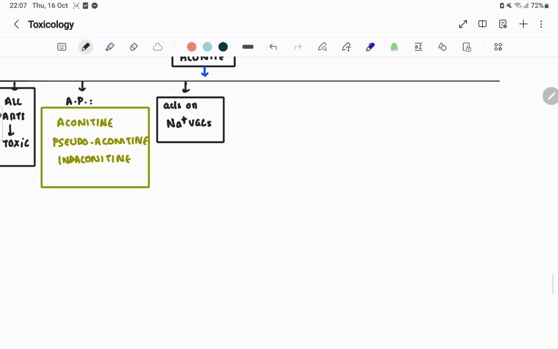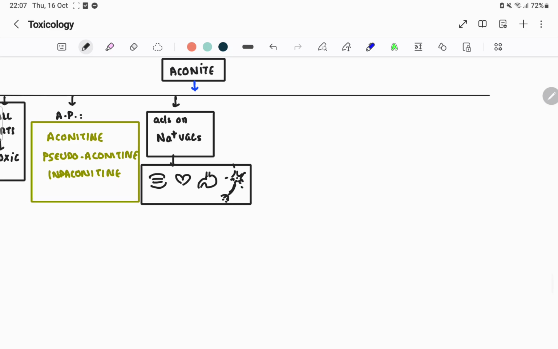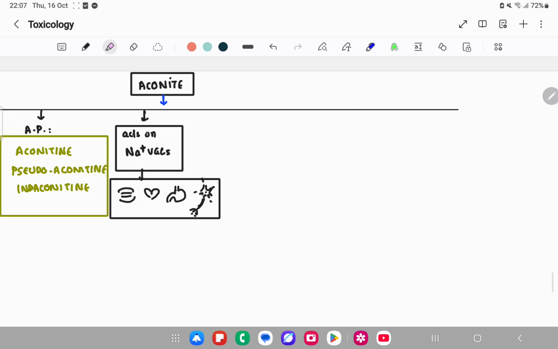These are present on muscles, on the heart, on the GIT, and on nerves. So sodium voltage gated channels are basically present here.